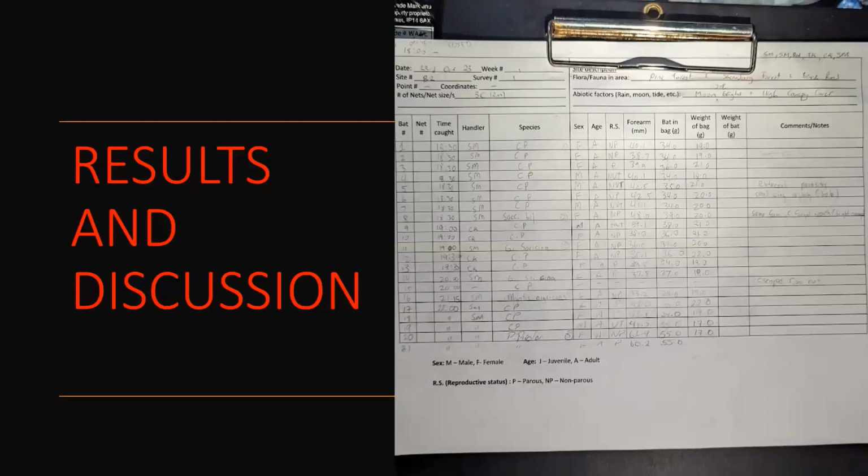Also, if there are any special characteristics of the bat that we may see in the field, we'll record that in the comments in the notes section, such as any external parasites, whether there were injuries to the bats, or in this case, I believe bat number 15 was an escaped bat from the net. So we also record bats that escape from the net if we can identify them.